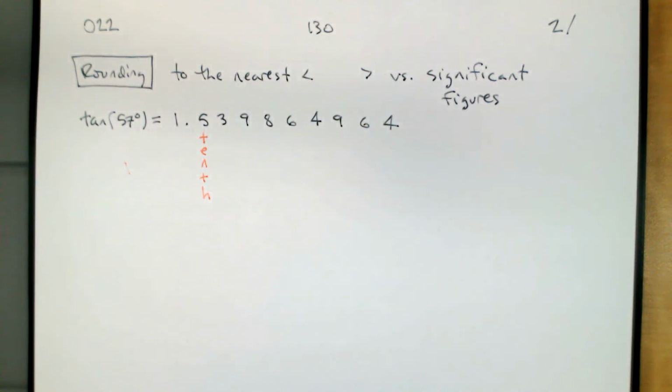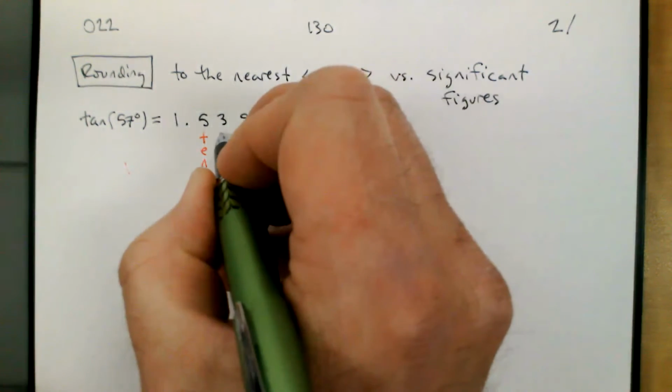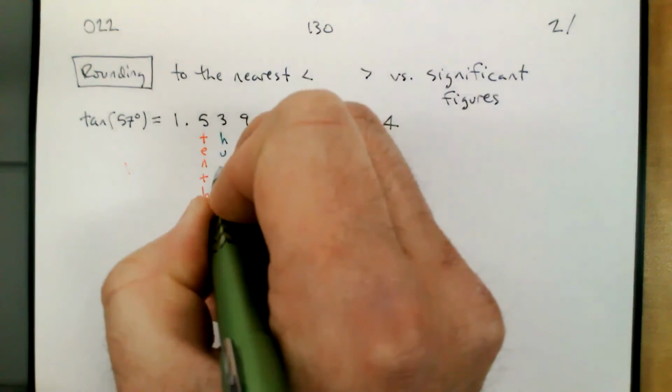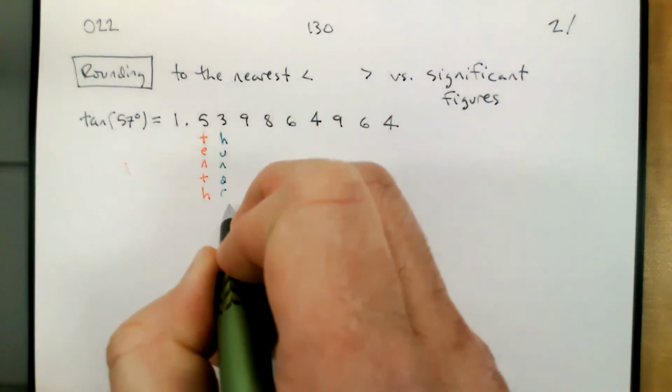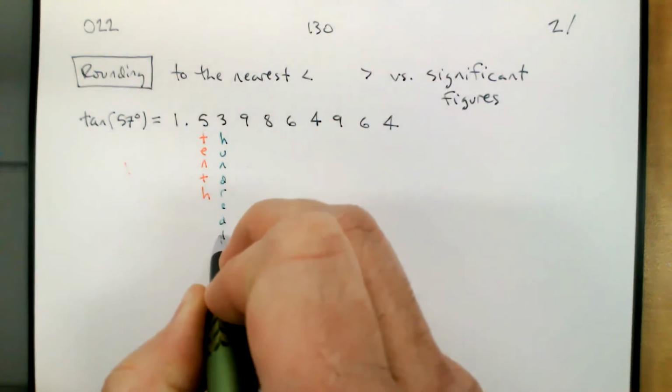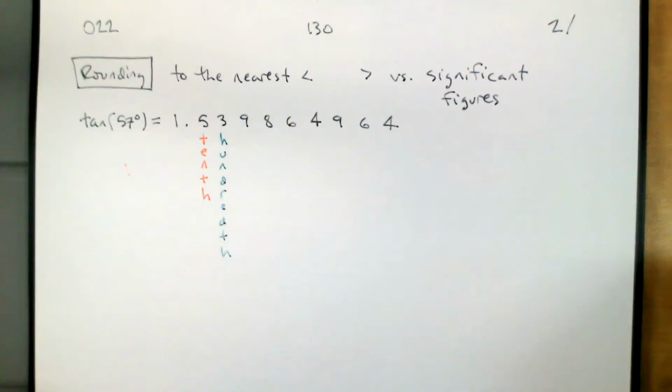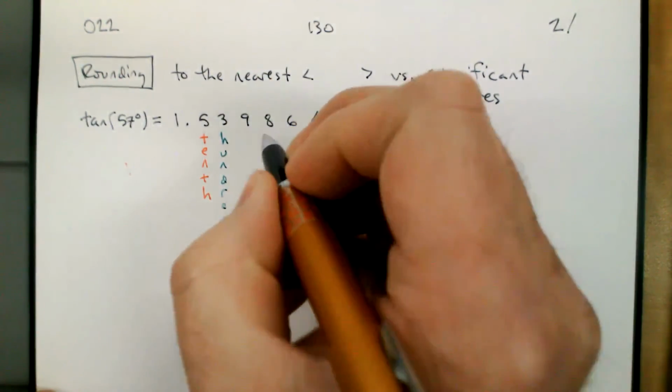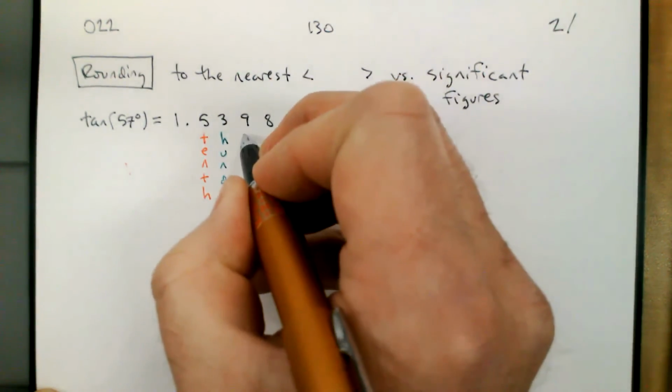And then they're just powers of 10 with a "th" at the end. Tenth, hundredth. It's the TH that puts it on the other side of the decimal point. Tenth, hundredth, thousandth.